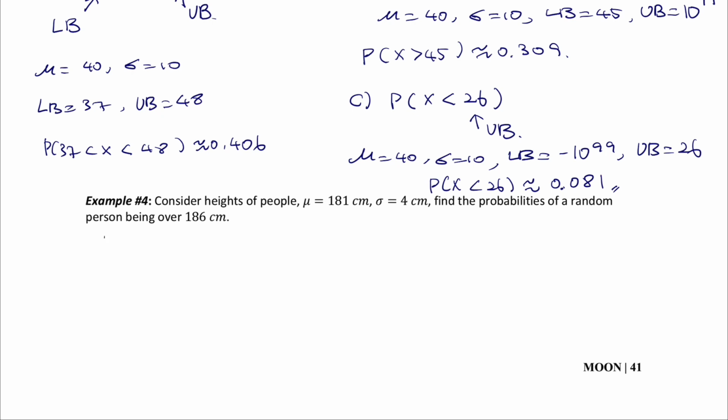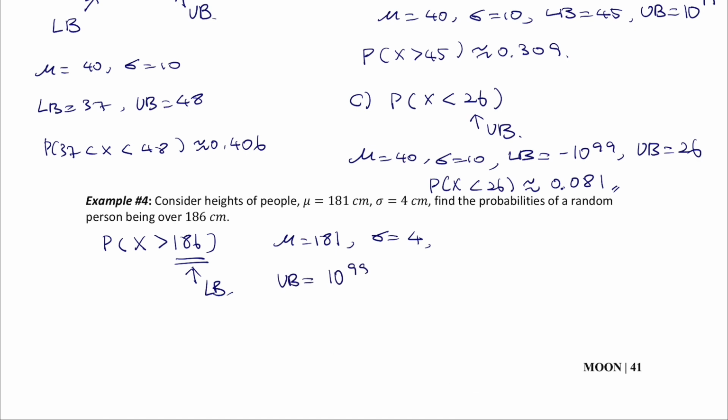So we need to find the probability that random person X is over 186, right? Your mean value is 181 and standard deviation is 4. That means 186 is your lower boundary. Upper boundary is 10^99 because it's missing.